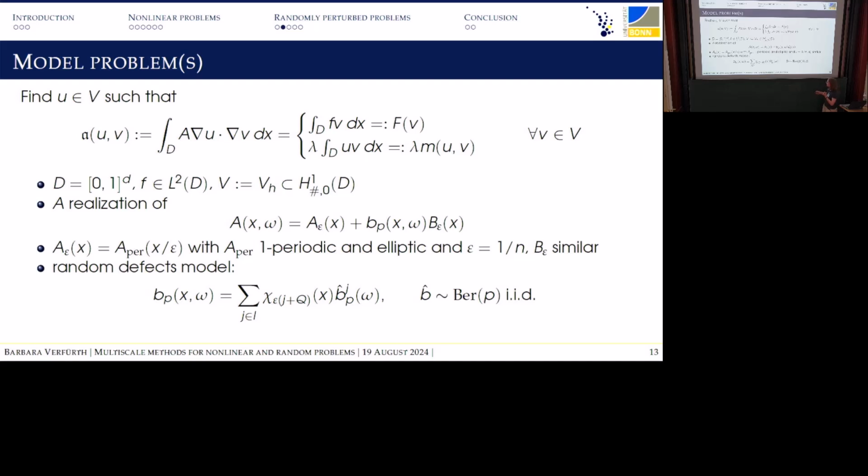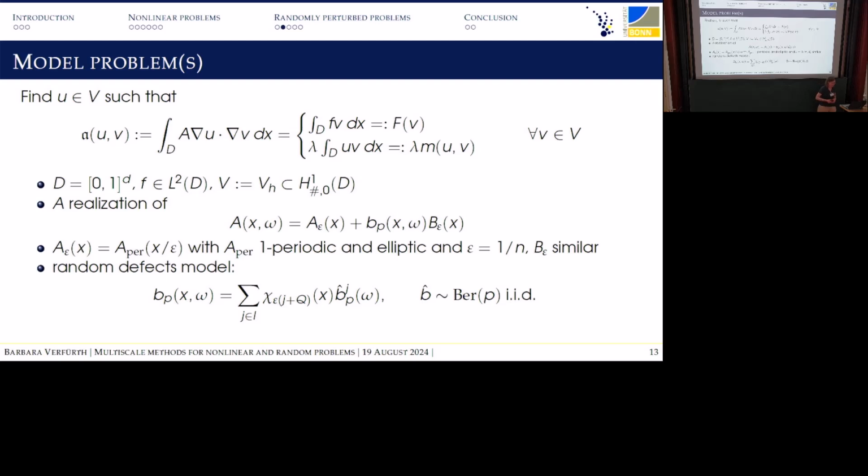It looks a bit complicated. In this way, you have a bunch of indicator functions at predefined locations Q, that are scaled with epsilon and shifted all around the place. And then at each location, you throw an unfair coin. So this B hat here is Bernoulli distributed with parameter p, and you have many of them that are IID.